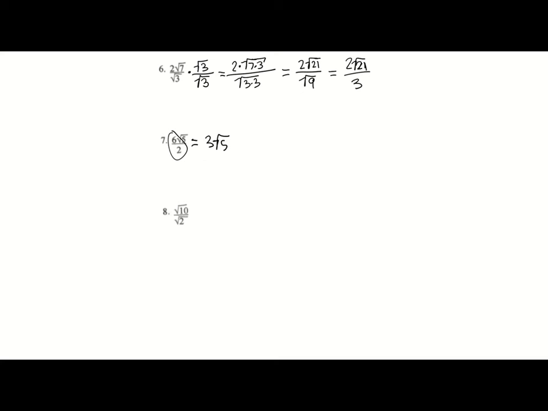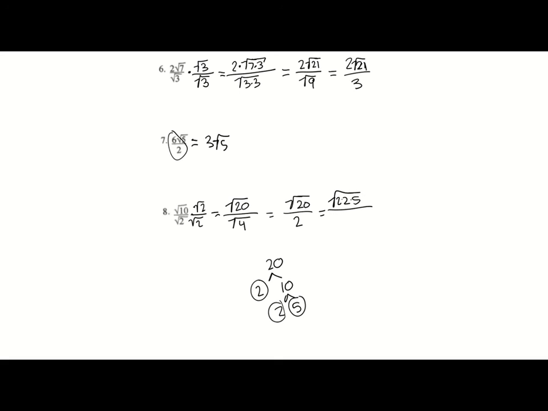Now I can keep going here because my 20, even though it's not a perfect square, I can still split 20. I know 20 is 2 times 10. 10 is 2 times 5. And here I have square root of 2 times 2 times 5.